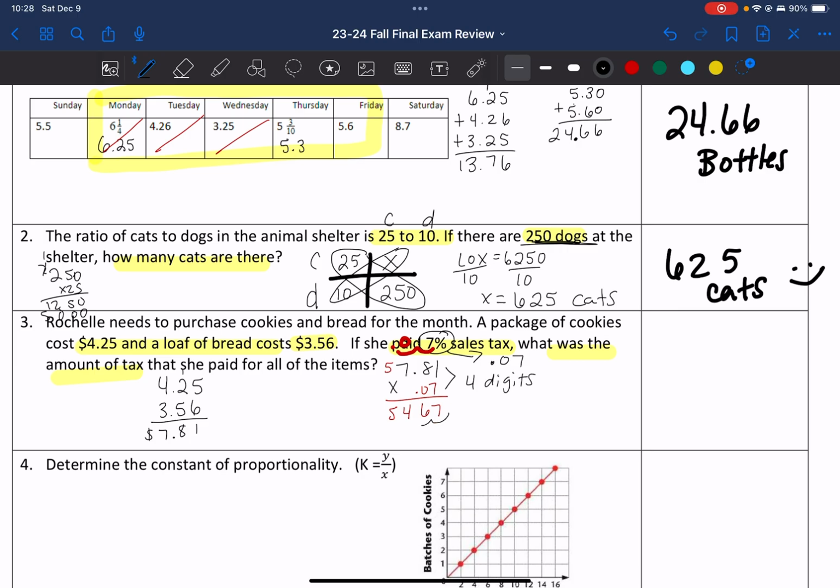So I'm going to move that decimal that's hidden 4 spaces over. So what I get is 54 cents. Okay. 54 cents. That is how much the sales tax amount is. Okay. So my final answer, and here guys, you can write 54 cents on this paper. If you wrote 55 cents, that's okay.